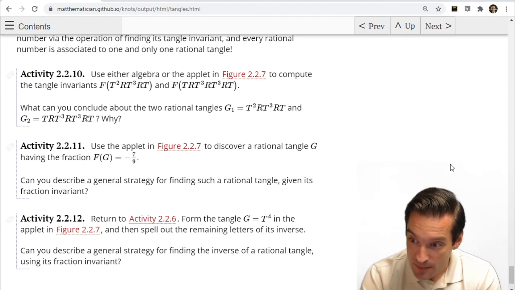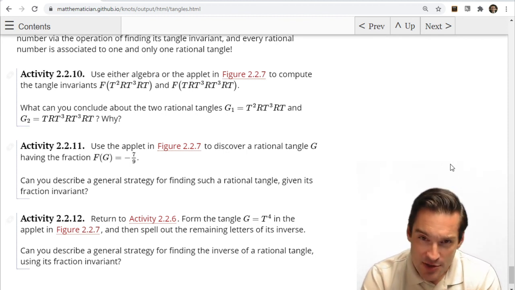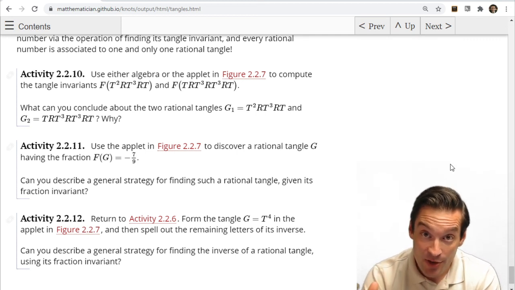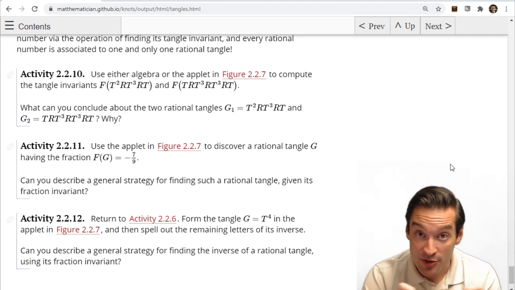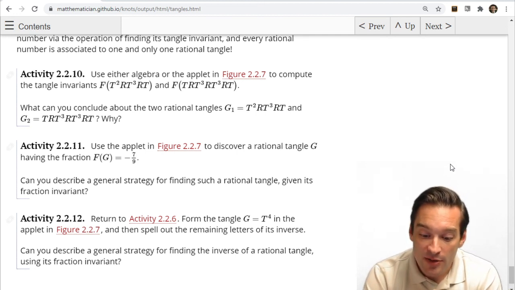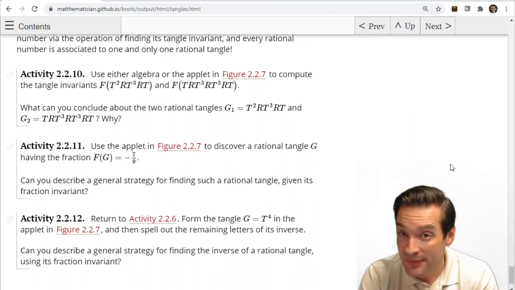In that sense, the fraction of a rational tangle is called a complete invariant. It can both tell the difference between different tangles, and it can also tell when two rational tangles are the same. When it comes to knots, which we're going to dig into starting next week, some of our invariants, actually most of our invariants, are not going to be quite that nice. They're going to have the ability to tell the difference between different knots, but they can't always tell when two knots are the same.